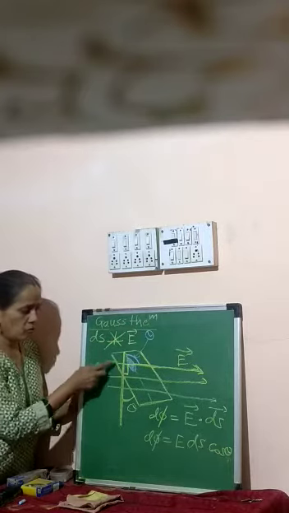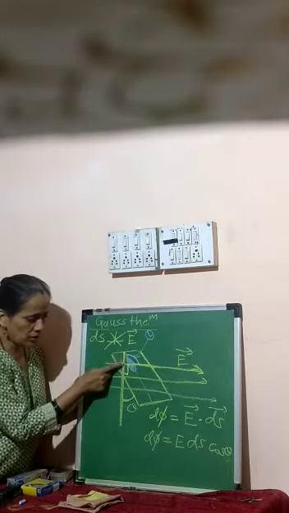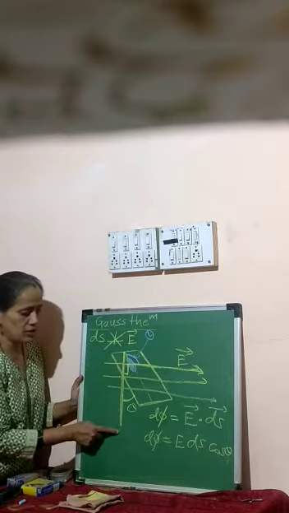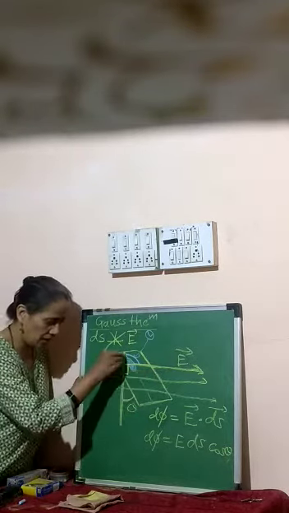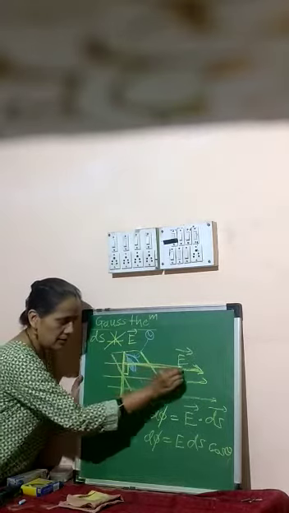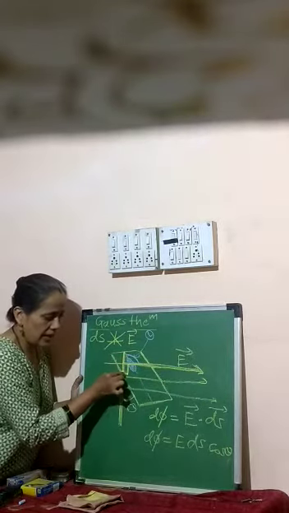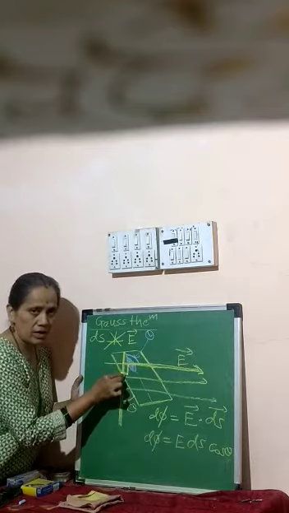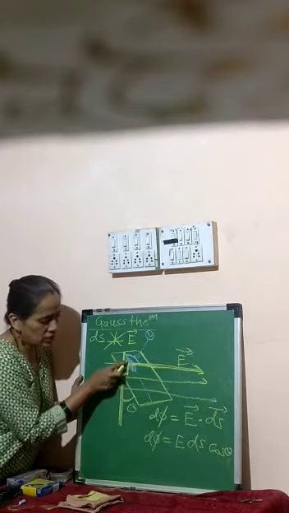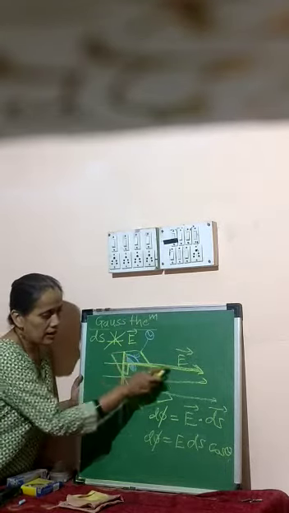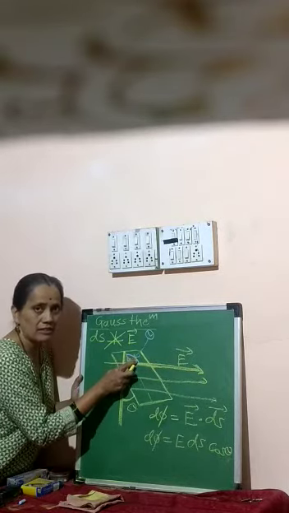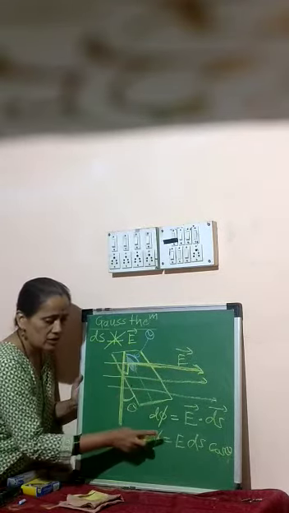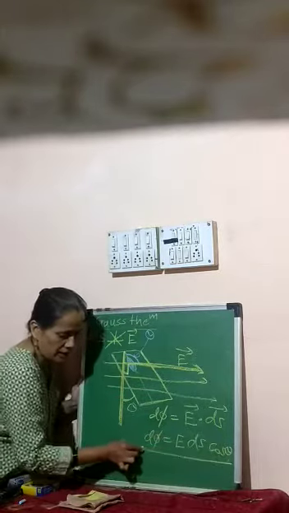At that time you have to draw the component of ds which is exactly perpendicular to the direction of electric intensity, as I have shown here. They are exactly perpendicular to each other, and initially ds and the direction of electric intensity make a certain angle theta. Then you get this formula.